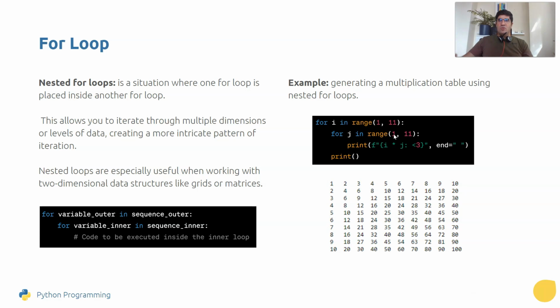And then it will go back and assign 2 to j. j will be 2, and it will print the 2. And then it will go up again and assign 3 to j, and j is 3, i is still 1. So 1 times 3 will be 3.